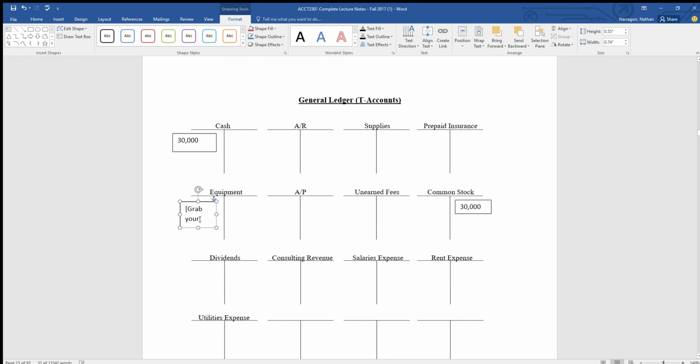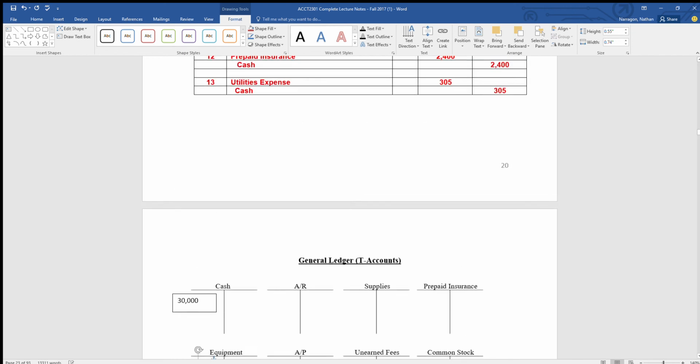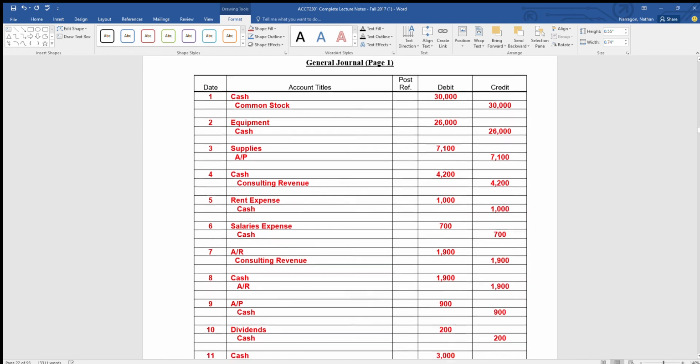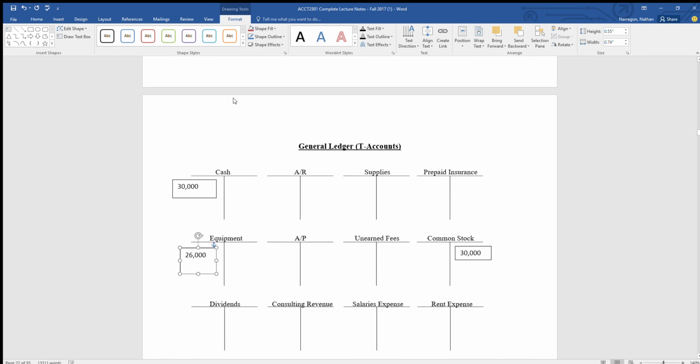And then equipment gets the $2,600. And cash gets the other one.